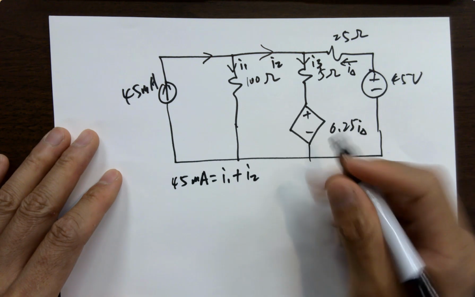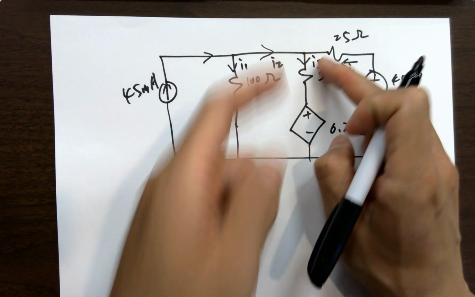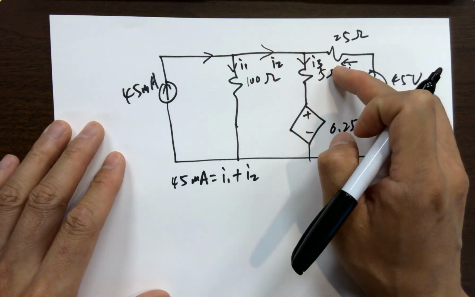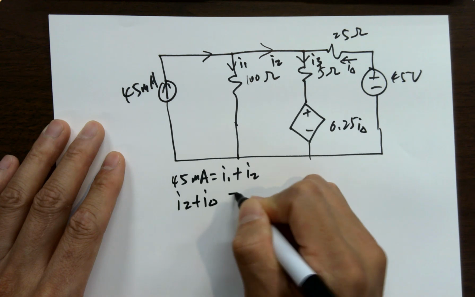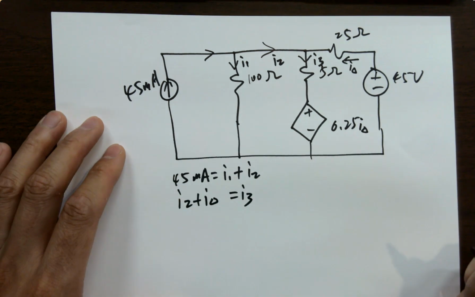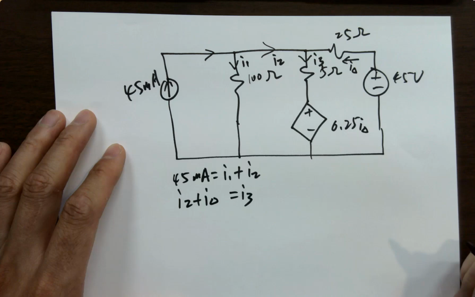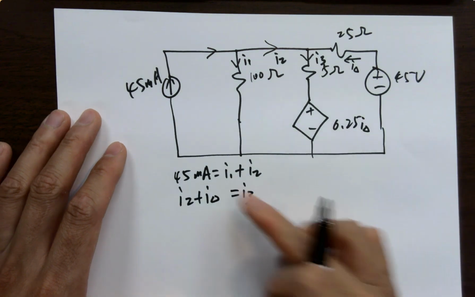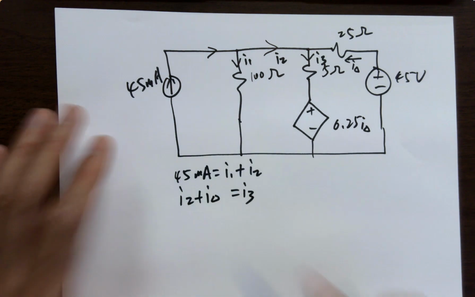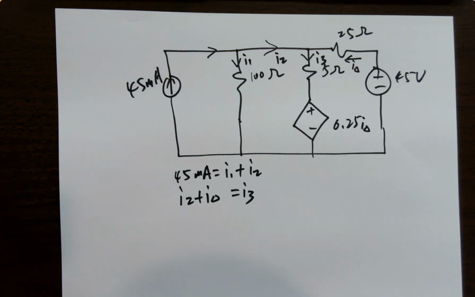This one, you got I delta and I3, so I2 plus I delta equals I3. Anything else? 1, 2, 3, 4. So 4 variables, we need 4 equations.